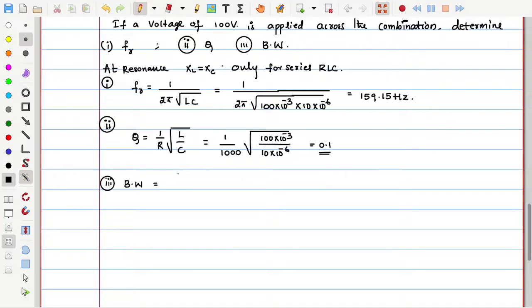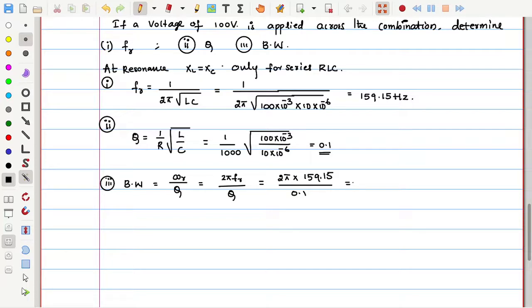So what is omega r? Omega r by Q. So omega r can be written as 2 pi f r divided by Q, which is equal to 2 pi into Fr, which is already known. So I am substituting that, 159.15 divided by Q, which is 0.1.